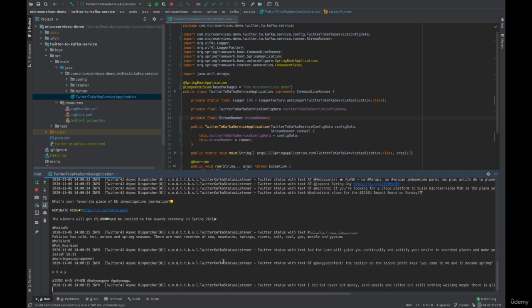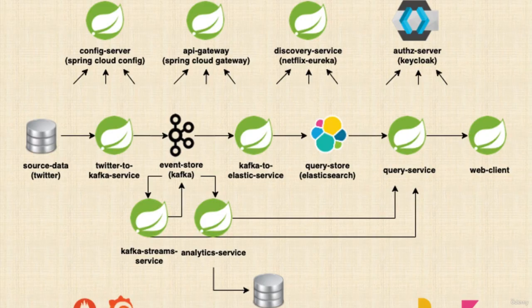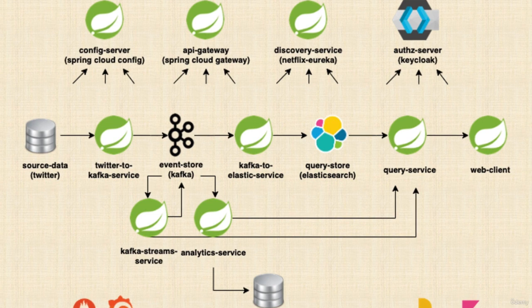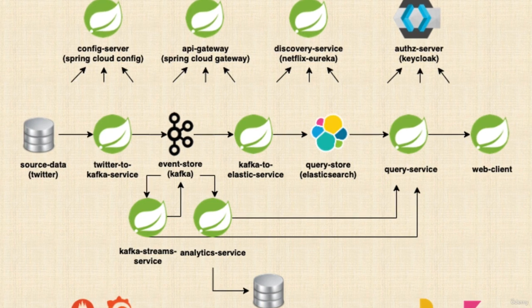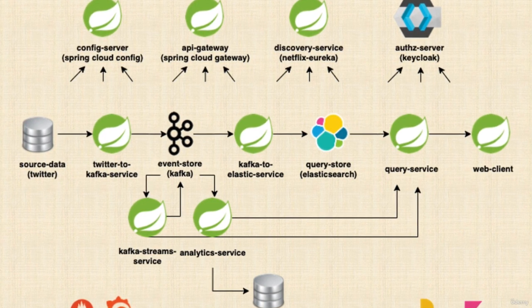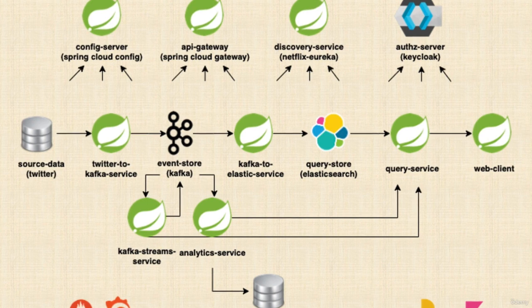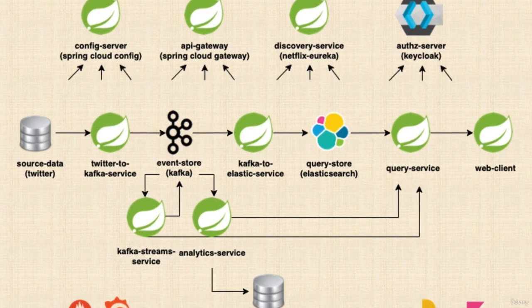Please note that this microservice will be used as the command component in the CQRS pattern. Remember that we have Kafka as the event source in our architecture. The Twitter to Kafka service streams the data from Twitter and puts it on a Kafka topic. We can call this data events, and we will send the events to the event store, which is Kafka.